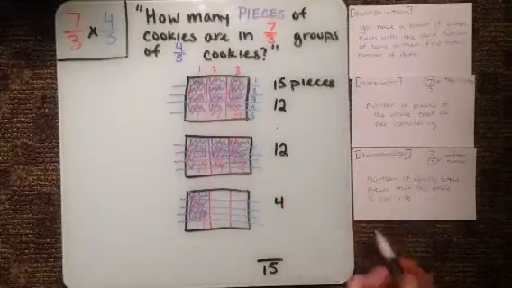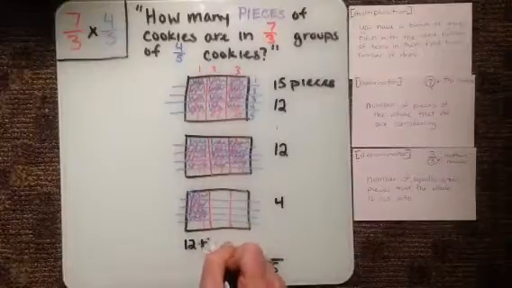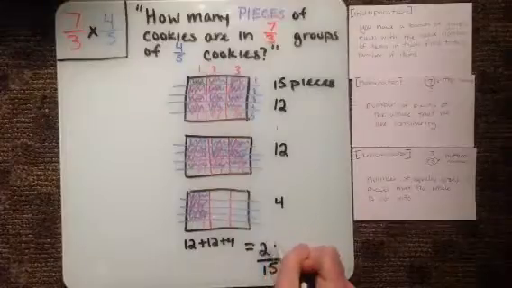To get the total numerator, we just add these three numbers up, and 12 plus 12 plus 4 equals 28.